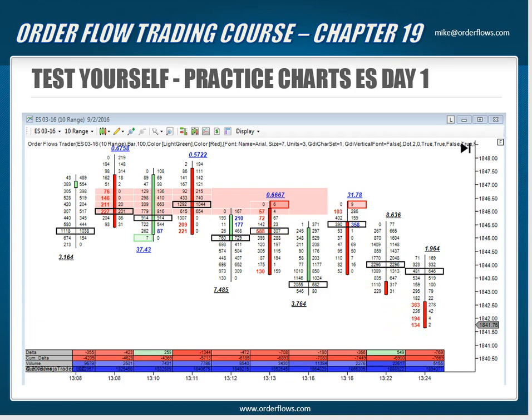So again, I said I usually like to get about 5 points out of the S&Ps on a 10-range chart. So from 46.5, where did we come down? We came down to just about 41.5. But what's important is you're seeing single prints here now, so you know that these levels up in here are being rejected.